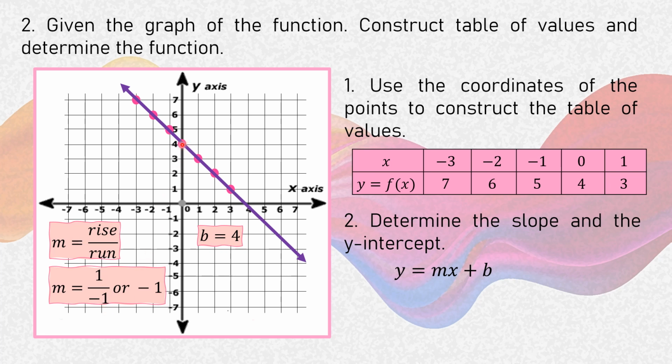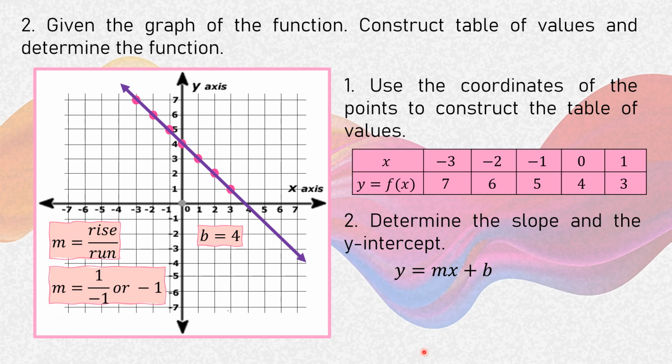Simula dito sa y-intercept na 4, magra-rise tayo ng isang unit, so that is positive 1, and then magra-run naman tayo ng isang unit, so since papunta sa kaliwa, that is negative 1. Therefore, 1 divided by negative 1 is negative 1. So, ang slope natin ay negative 1, and ang intercept naman natin ay positive 4.